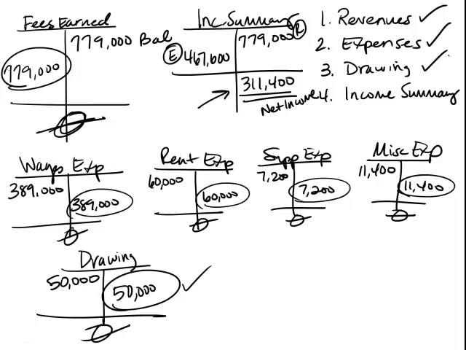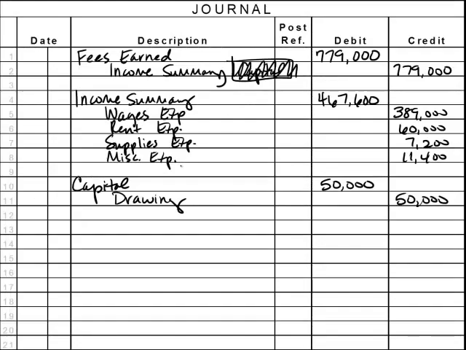Closed drawing account. Last thing we need to close is income summary. How would we make income summary down to zero if it's got a credit balance of $311,400? We need a debit of $311,400. All right, so let's go ahead and put that in. Income summary is debited $311,400.